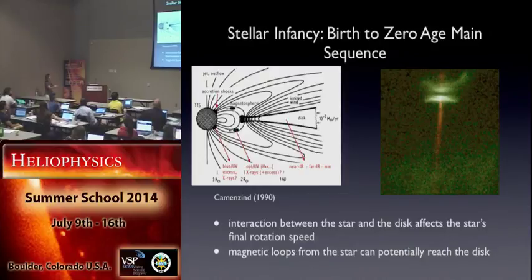There's a deeply embedded star in there, seen edge-on, and you can see its disk. The fact that there's a disk in some of these young stars affects the star's final rotation speed, and these magnetic loops can potentially reach the disk and affect the star, as well as what's going on in the disk.